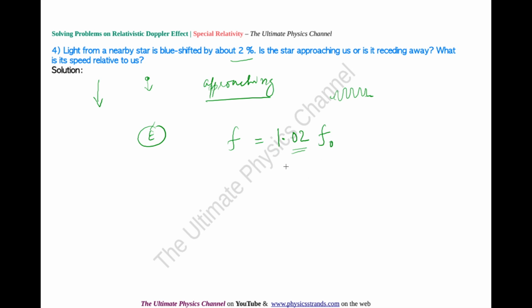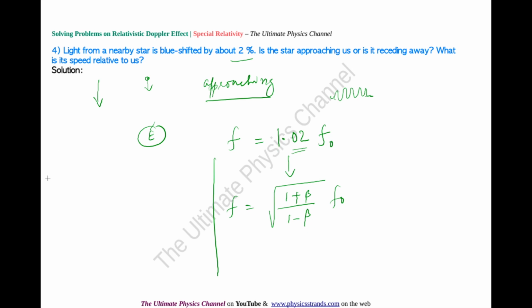right? So that directly we can see that this particular portion, if we compare this with our original formula for blue shifting of frequencies, it is square root of 1 plus beta over 1 minus beta with an f naught here. So from here we can easily get beta. So I do this math here, f over f naught, right?